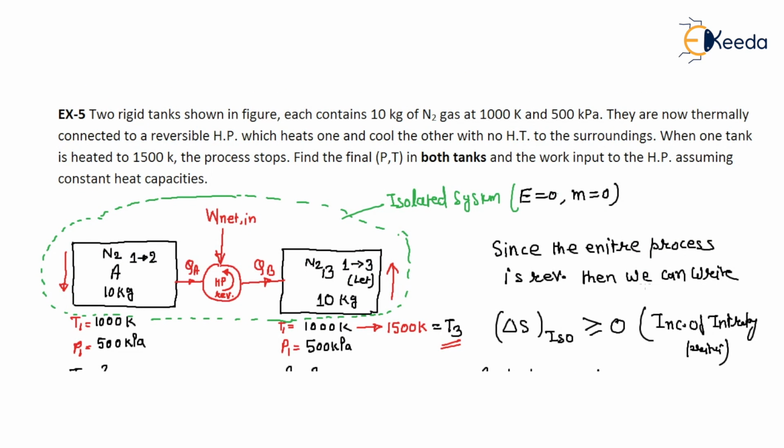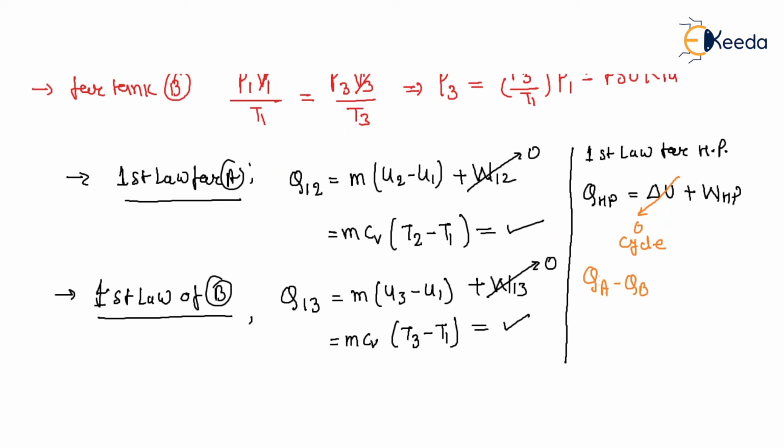Because QA in, QB out, so QA minus QB is equal to minus W net in, so W net in is equal to QB minus QA. So you have QB, you have QA, put the values, and this is your 1244 kilojoule. This is your final answer.